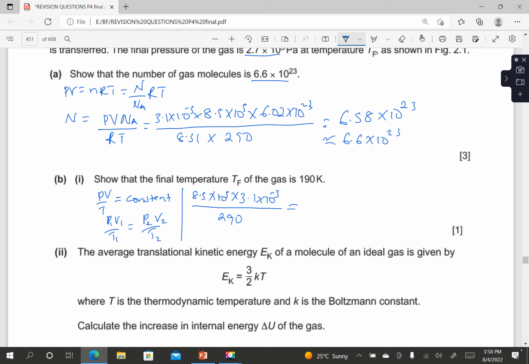This should be the same as P2, which is 2.7 times 10 power 5, multiplied by V2, which is 6.3 times 10 power negative 3, divided by TF. You see it is 1 mark, so I don't need to do a lot of algebra here, I just press my calculator.